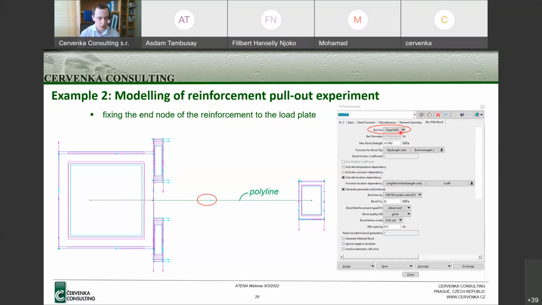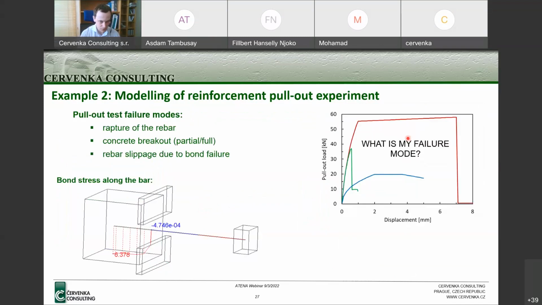For this, I need to check the orientation of the line, because each surface and each line in GID has an orientation. This little dot indicates that the start is here and the end is here. So I choose a fixed end.